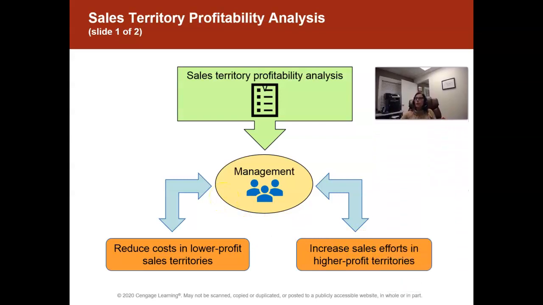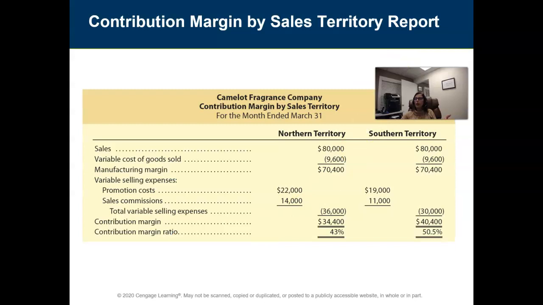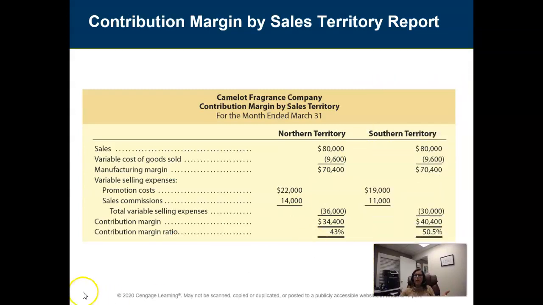We can use the same sales and territory numbers to start looking at a profitability analysis as well. When we look at our northern and southern territory here in terms of the contribution margin ratio, it starts to become clearer which one of our territories is able to give us a bigger contribution toward our company's overhead.